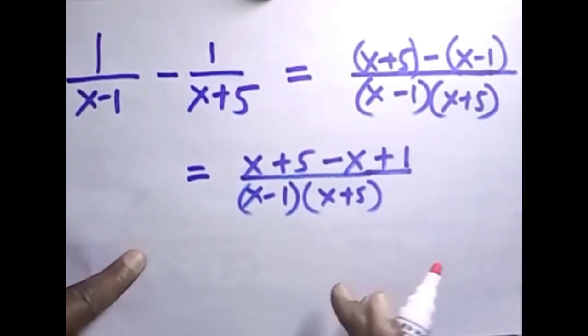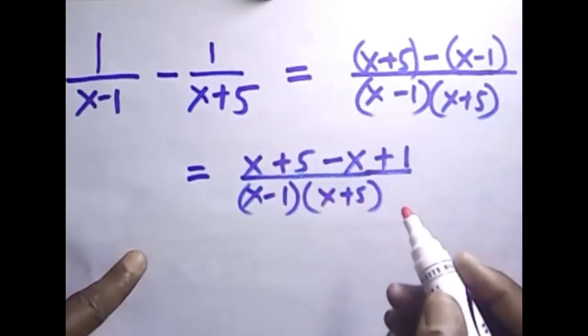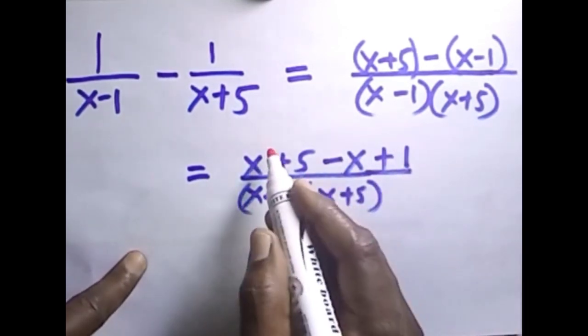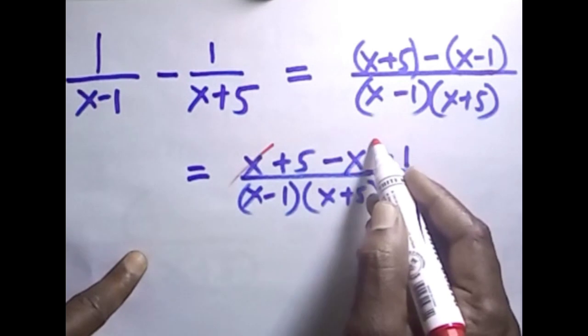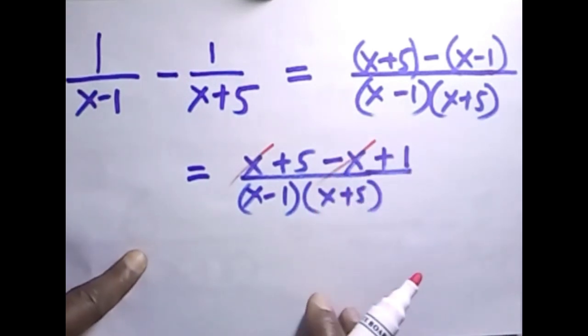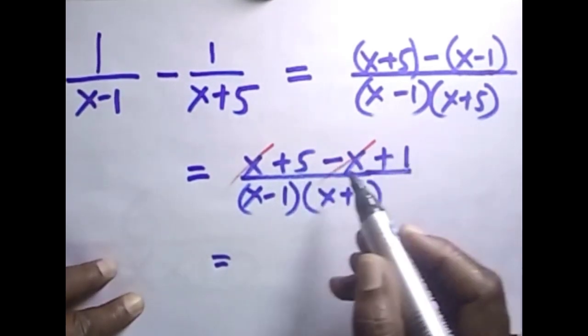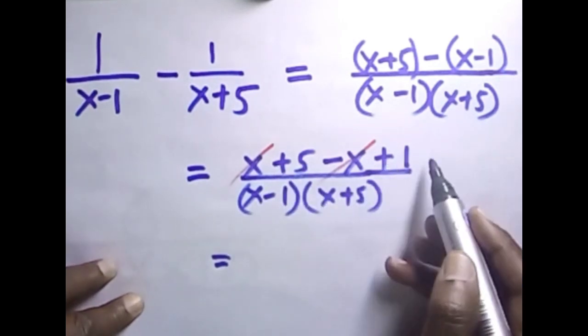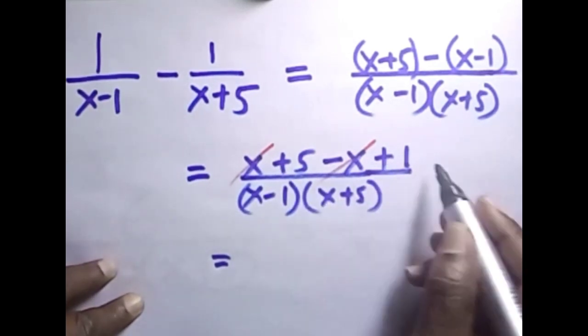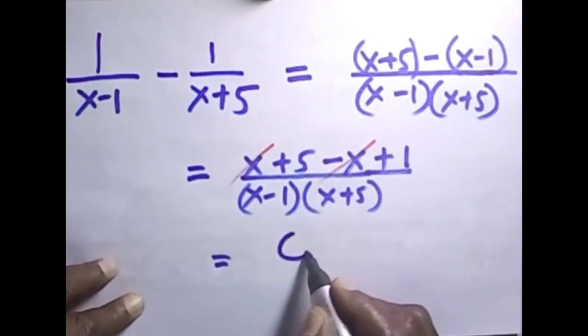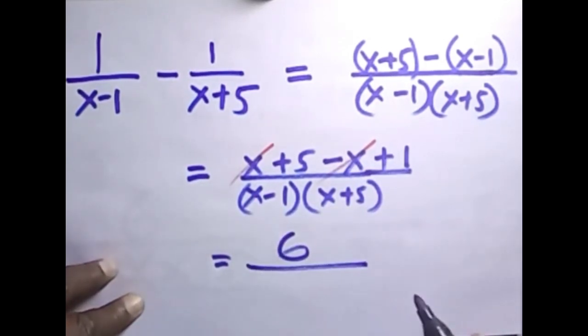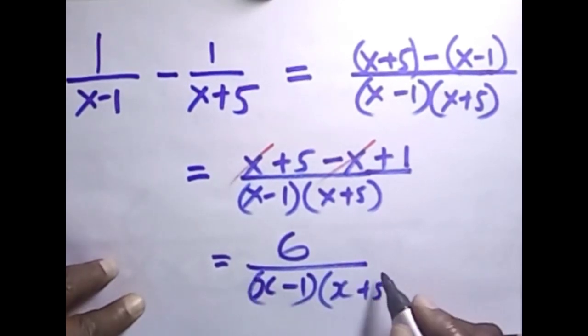So all we need to do at this stage is look for what can cancel out. x and minus x will go. And what's remaining on the numerator is plus 5 plus 1. 5 plus 1 is what? 6. All over x minus 1, x plus 5.